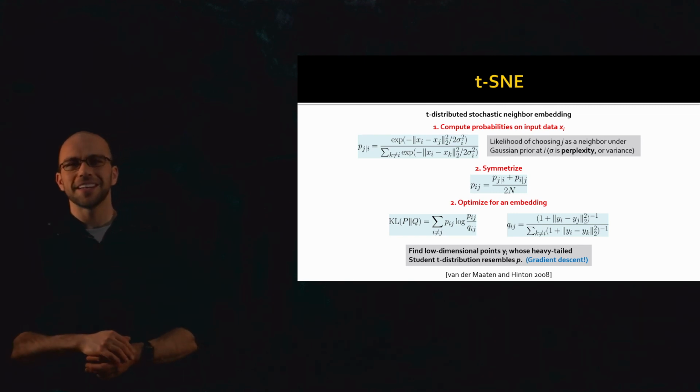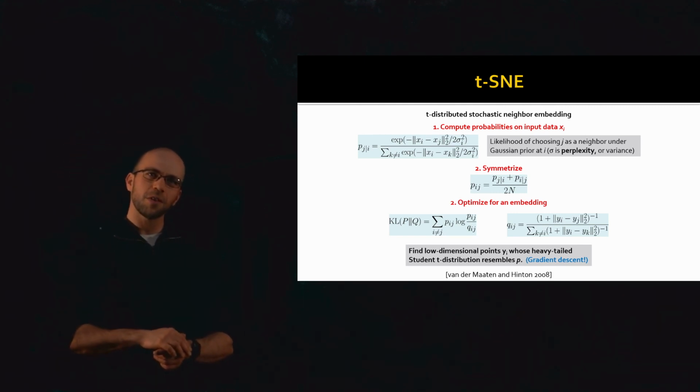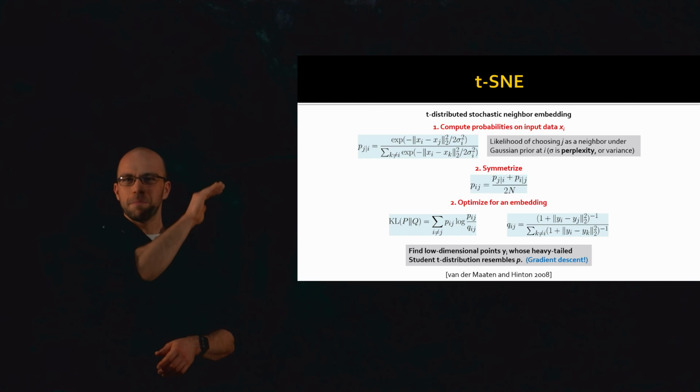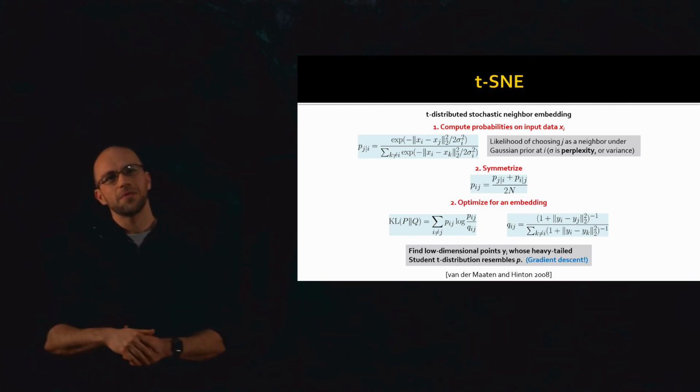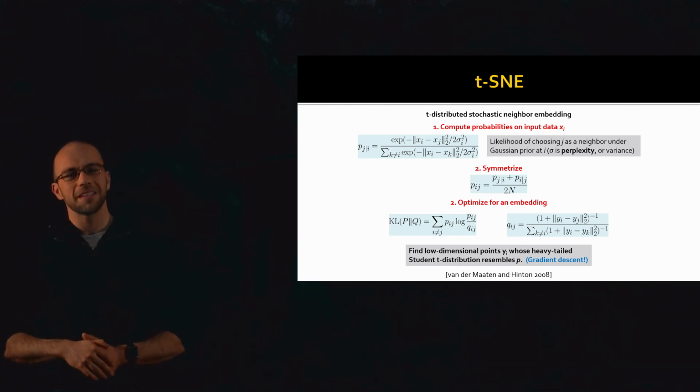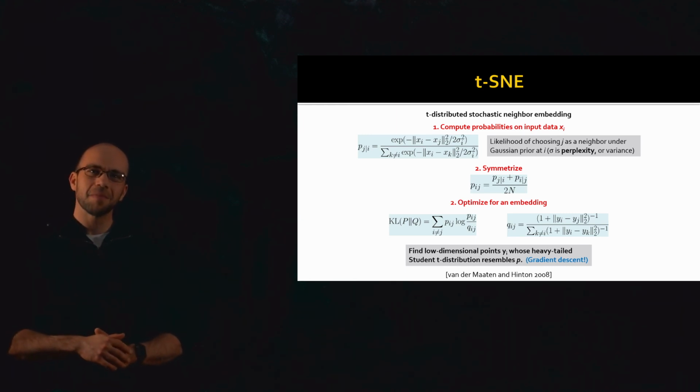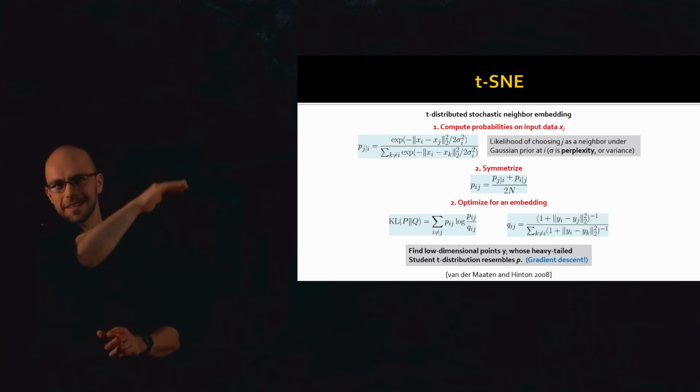So the first thing that it does is construct a probability distribution on pairs of points from the pointwise embedding. The way that it does that is by just using a Gaussian, like a bell curve. So you can see here, the probability of j given i is just a Gaussian of the distance between i and j.